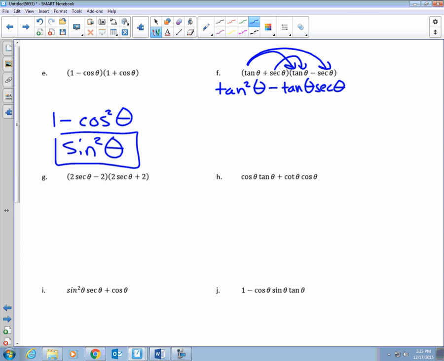Secant times tan, positive tangent secant. And secant times negative secant, negative secant squared. What happens in the middle? They go to Cuba.